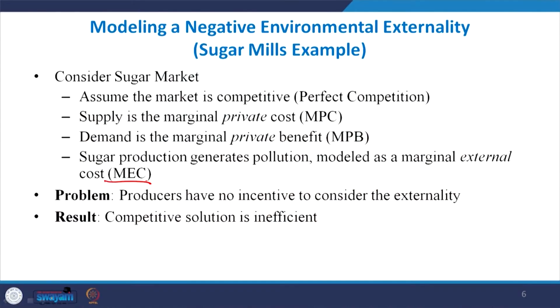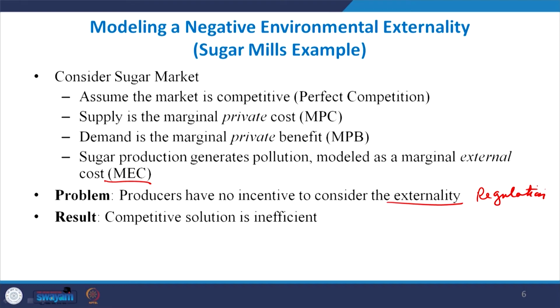So, problem here is producers have no incentive to consider externalities. So, if there is no regulation, then why should sugar mills treat the waste before releasing the waste into the atmosphere, because if they start treating the waste, then it will increase the cost of production and that will affect their equilibrium points.